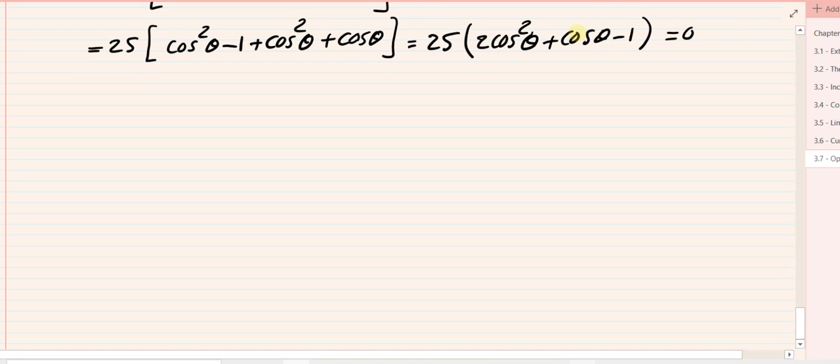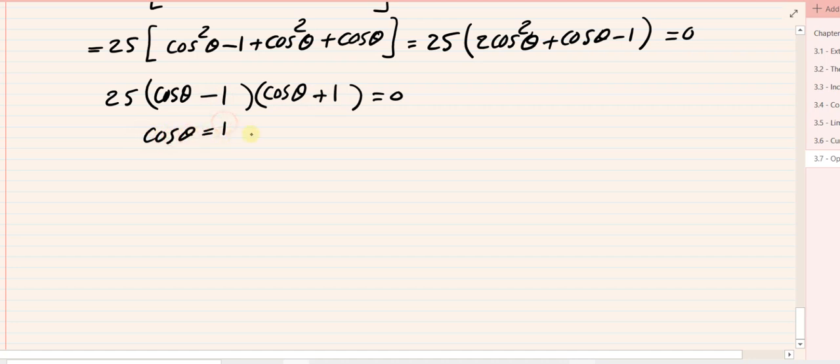Now, the quadratic here, that is hopefully factorable, equals 0, so I'm going to go cosine, cosine, and then let's go minus 1, plus 1. Okay. And by zero factor, cosine theta could be 1, or cosine theta could be negative 1, right?